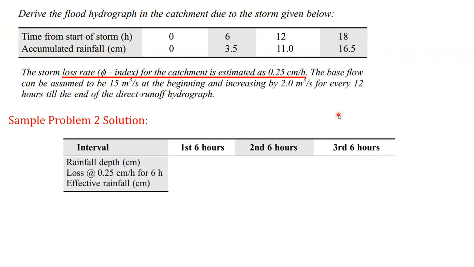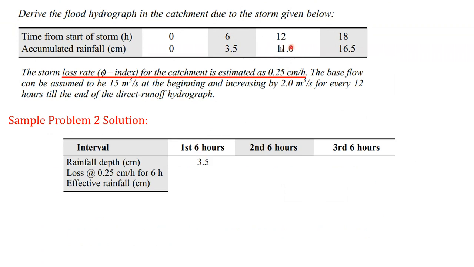Okay. So first is gawa muna tayo ng table. And then identify natin yung rainfall depth for the first 6 hours, and then the second 6 hours, and then the third 6 hours. So una is rainfall depth. So for the first 6 hours, given na yung rainfall natin is 3.5.